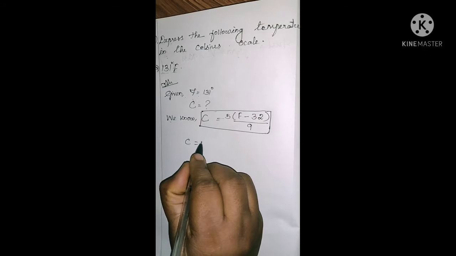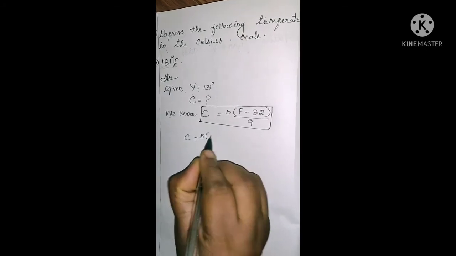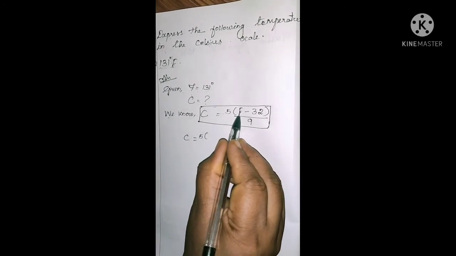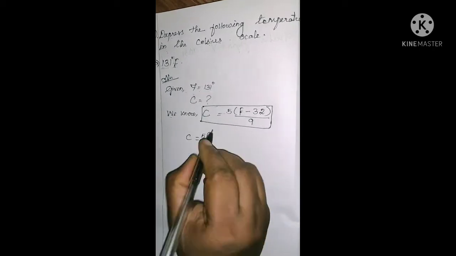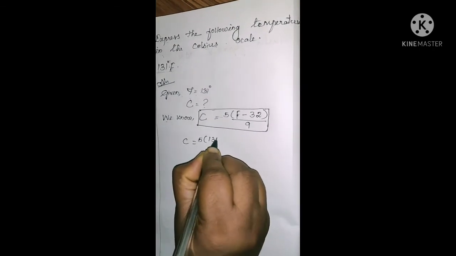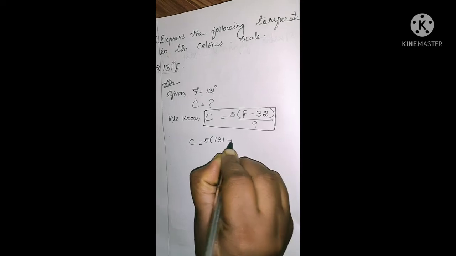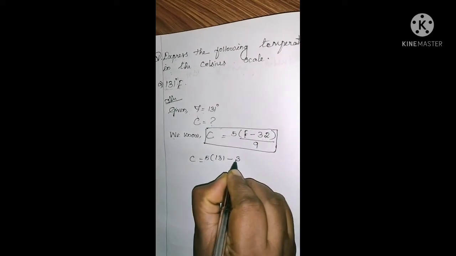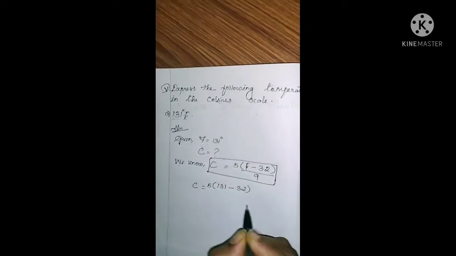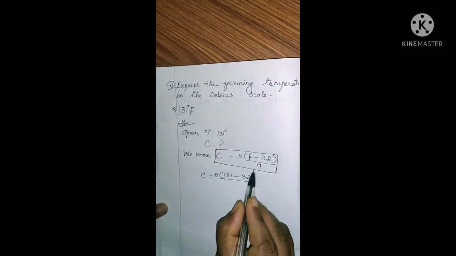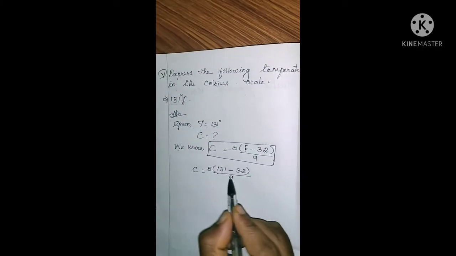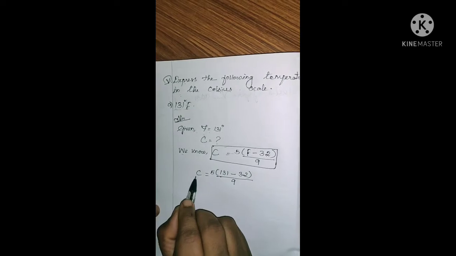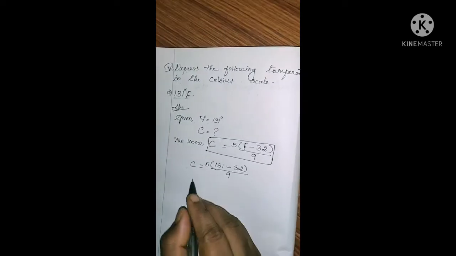C is equal to 5 into 131, the F value given, minus 32 from the formula, divided by 9. If you simplify, you will get the value of C. That's all. Very easy.